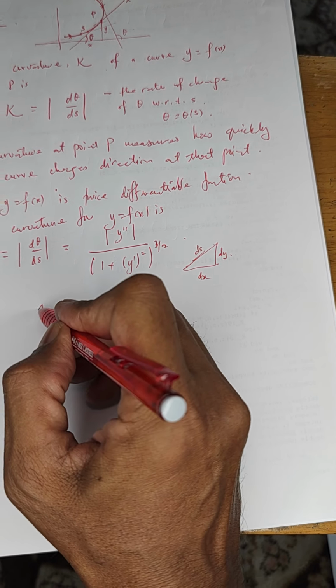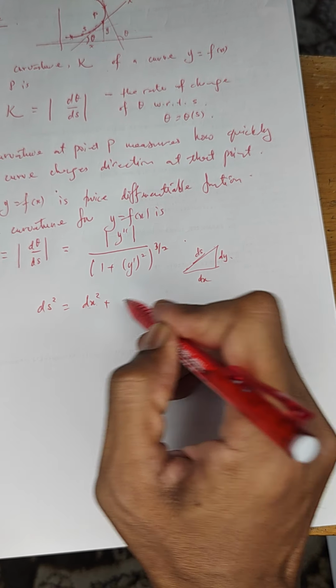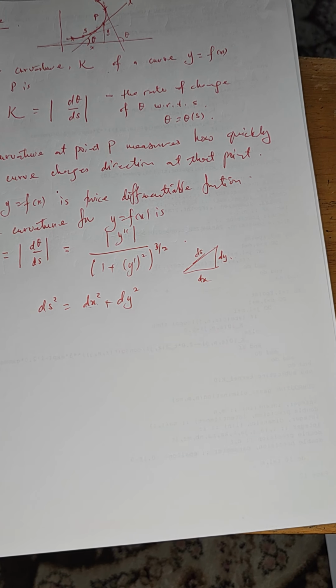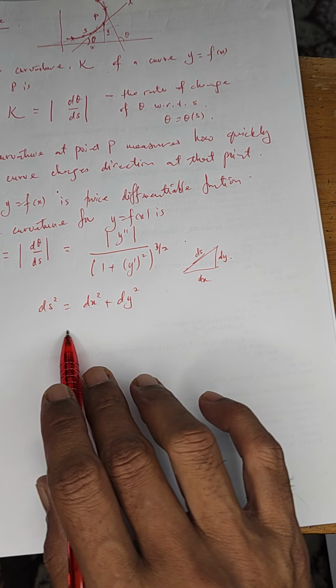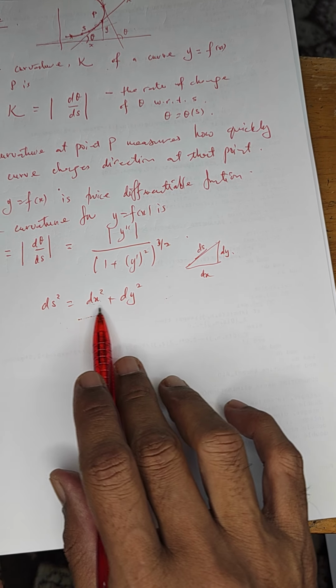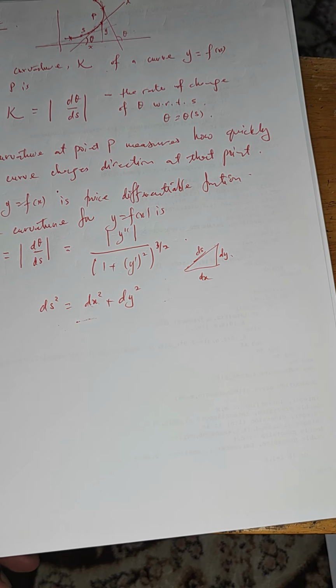We have ds squared equals dx squared plus dy squared. Then I can divide this by dx squared.